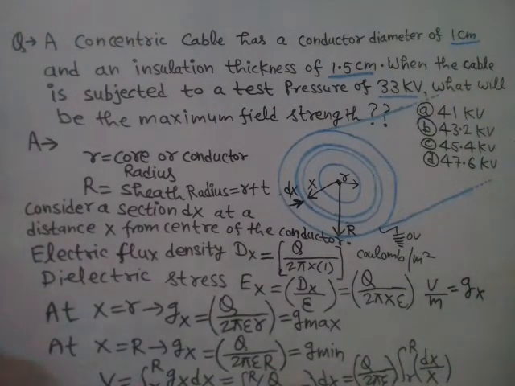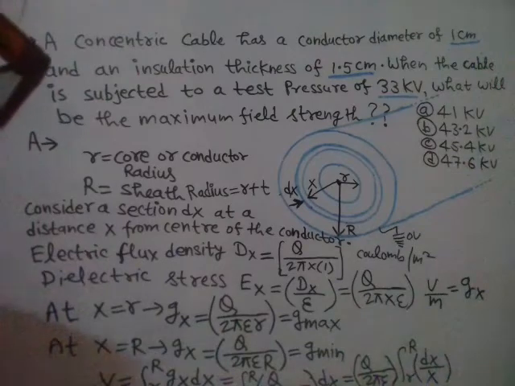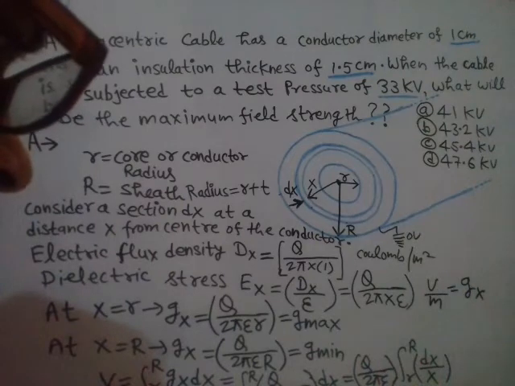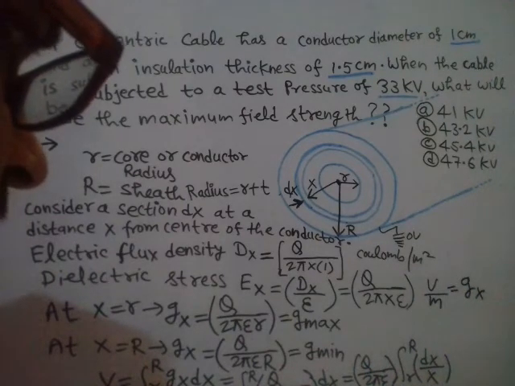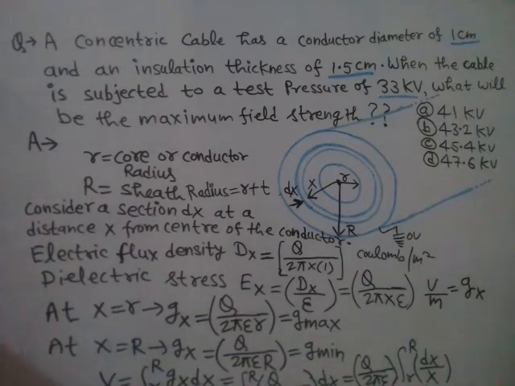Or I can also write this expression in this way: V by small r ln capital R by small r is equal to Q by 2 pi epsilon into 1 by r.